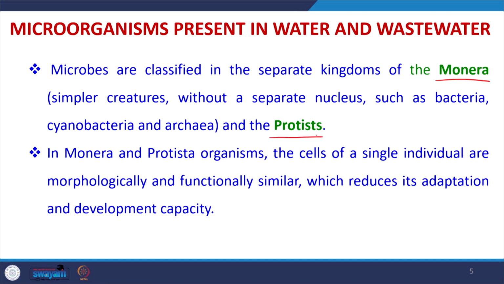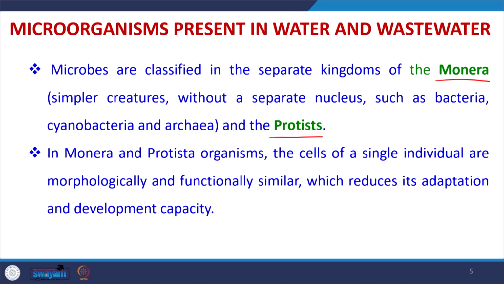Now, Monera are simple creatures without a separate nucleus, and these include bacteria, cyanobacteria, archaea, etc. Then protists include virus, protozoa, etc. In both Monera and Protista organisms, the cells of a single individual are morphologically and functionally similar.